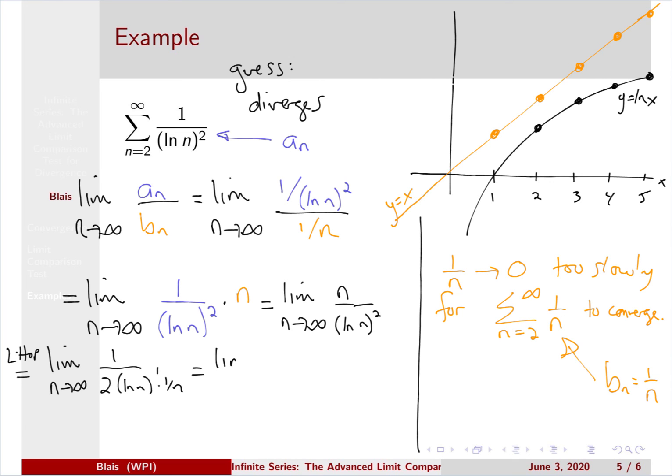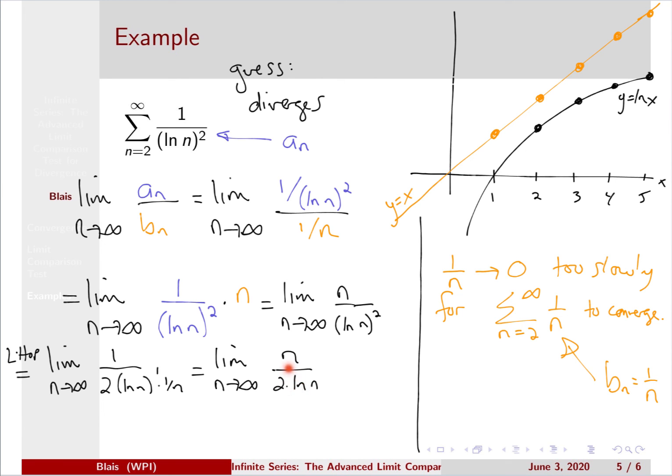So this becomes the limit as n goes to infinity of n over 2 times natural log of n. And we see this is again eligible for use of L'Hopital's rule.